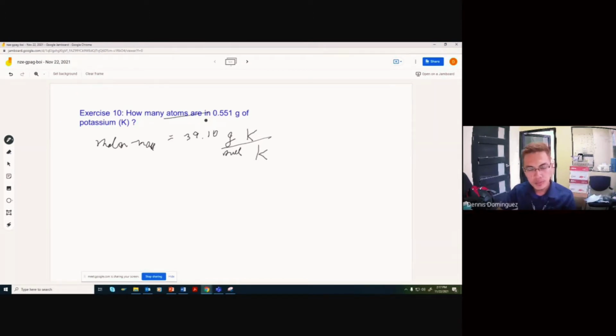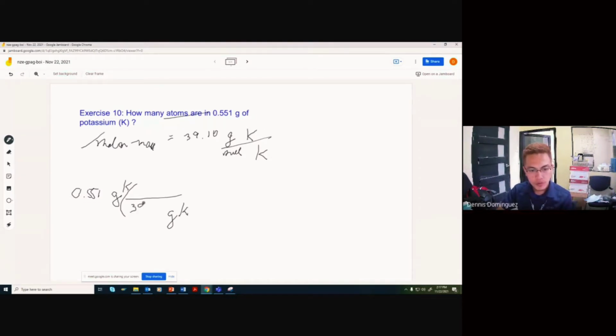How many atoms? Your starting point is the 0.551 grams of potassium. To cancel the grams in the numerator, you need grams of K in the denominator, so we'll use the molar mass relationship.